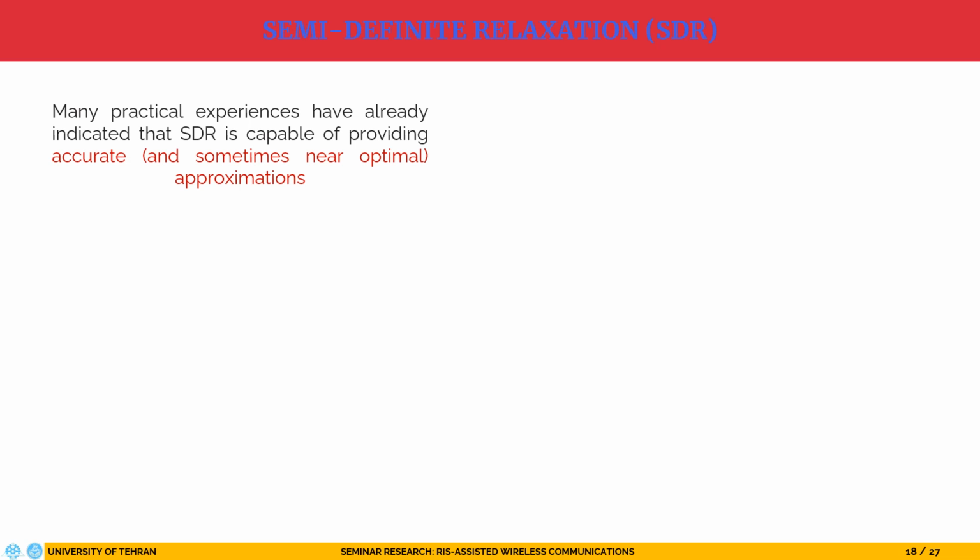semi-definite relaxation, or SDR. In SDR, remember that we had a constraint in the optimization, which is that the magnitude of theta k should be equal to 1, for k from 1 to M. M is the number of elements of the IRS, okay?